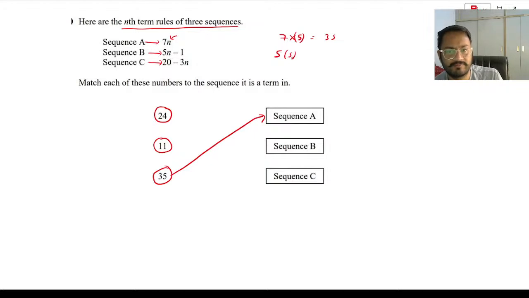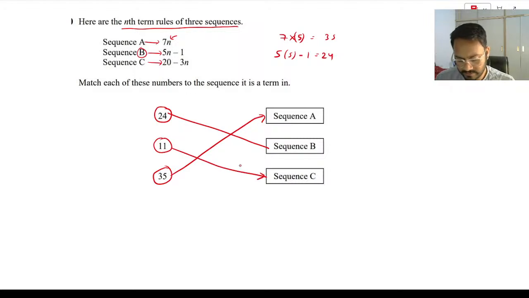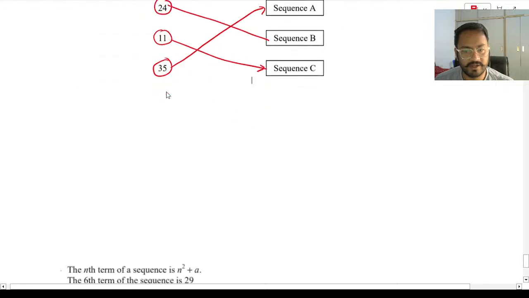So 5 times 5 minus 1 equals 24. So definitely this will be sequence B, and the remaining one, 11, will be sequence C. Done? Clear? Very good. Correct answer, children.